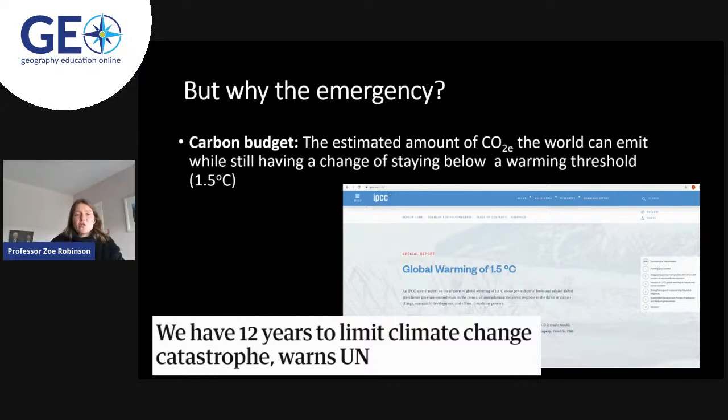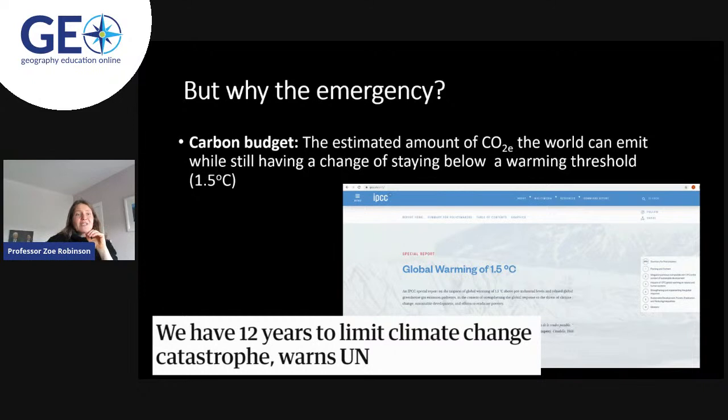It was a special report on global warming of 1.5 degrees C, and in it they basically said we've looked at the impacts of global warming of 2 degrees and above. We've looked at the impacts of 1.5 degrees, and we really need to keep global warming below 1.5 degrees. And they said, based on current emissions, we have 12 years left before we effectively blow this budget.